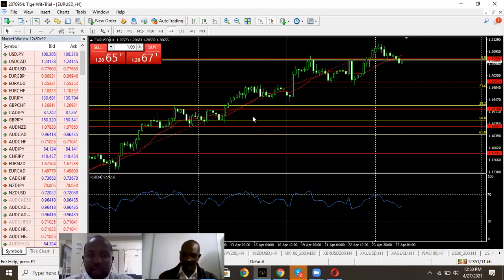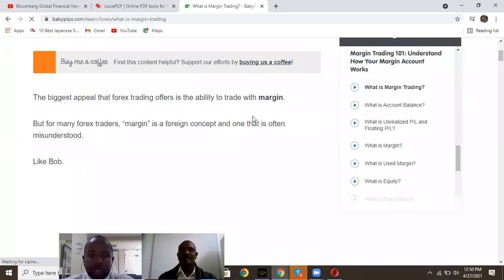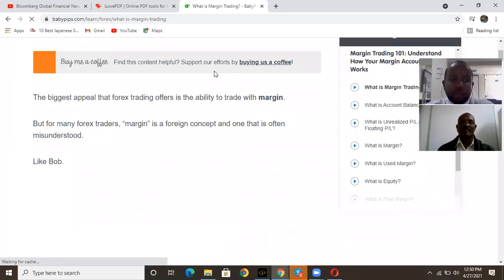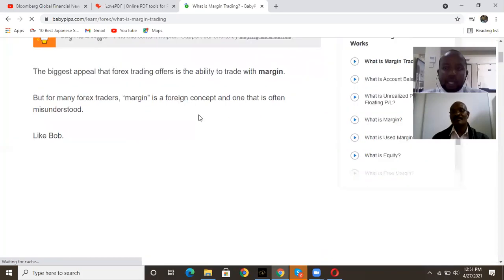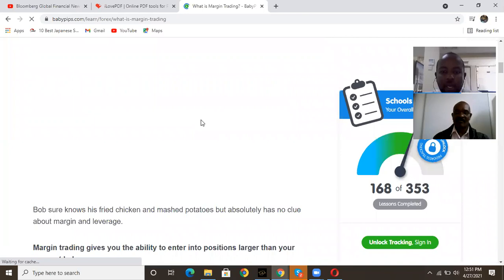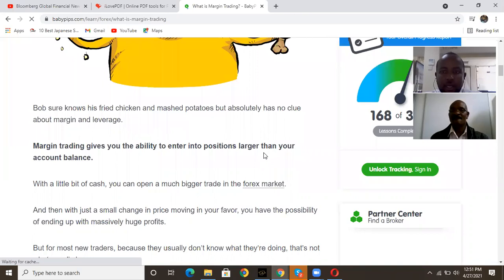What is margin? The biggest appeal to most of the forex traders, or most of the guys coming on board on forex, is margin. So I need us to understand what margin is all about. Margin trading gives you the ability to enter positions that are larger than your account balance.